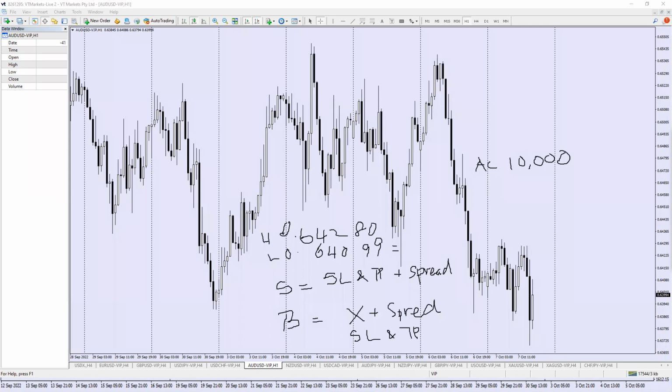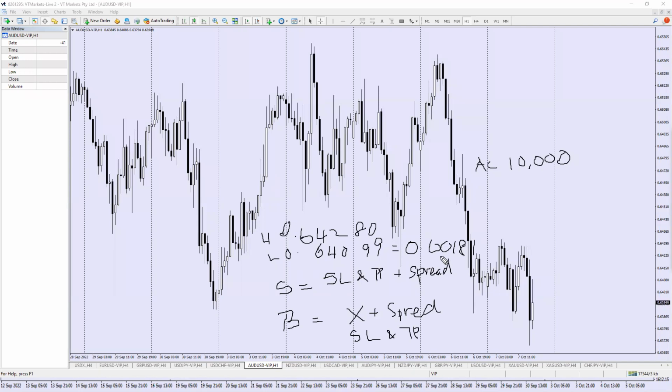Okay, you take 0.64280, and then you take away 0.64099, and that equals 0.00181, correct?